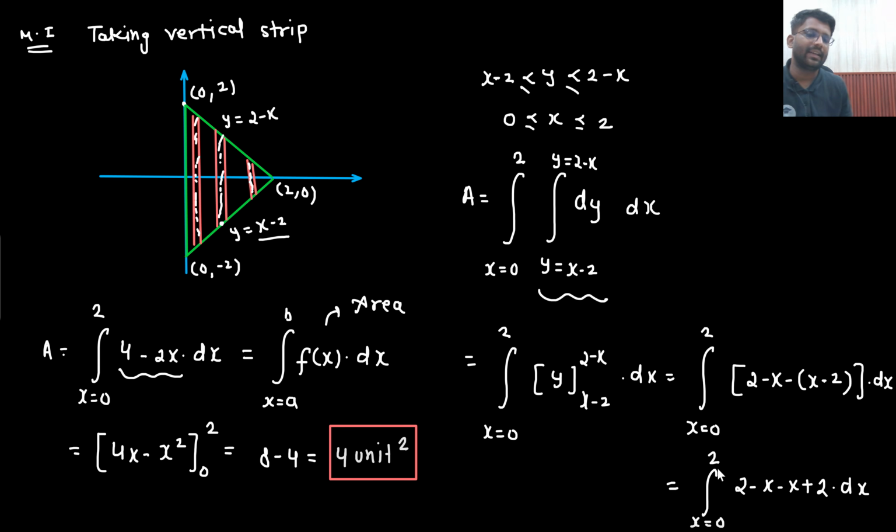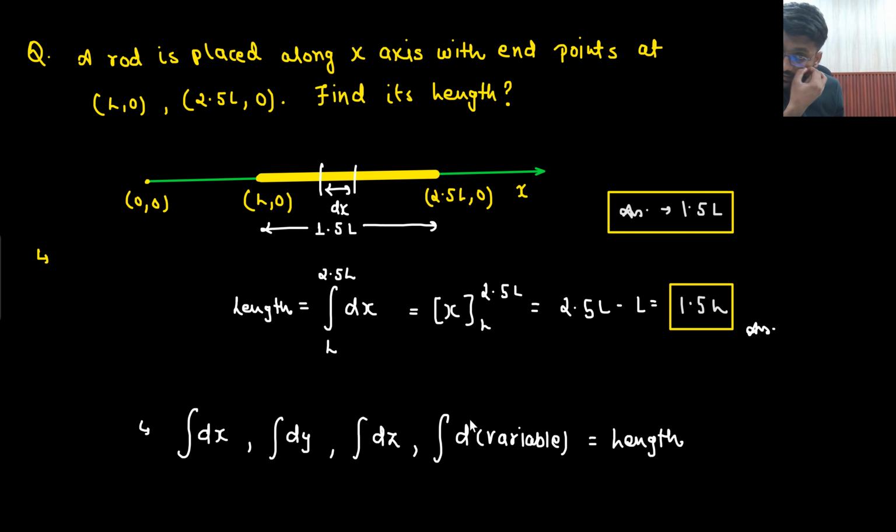So in the last lecture I said that the integral with x going from a to b of f(x) dx represents the area. Here, a single integration is representing the length, but there is no function of x, no function of y, no function of z, no function of any variable.